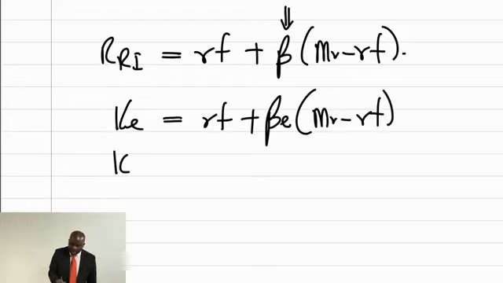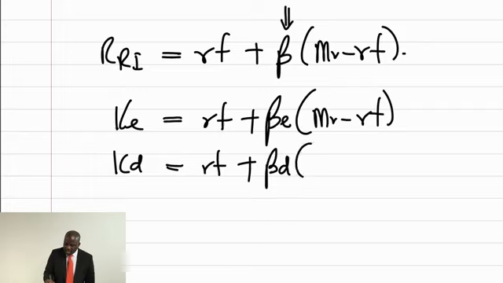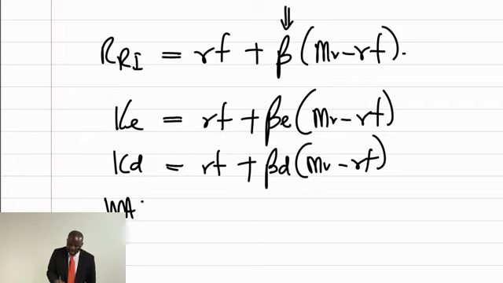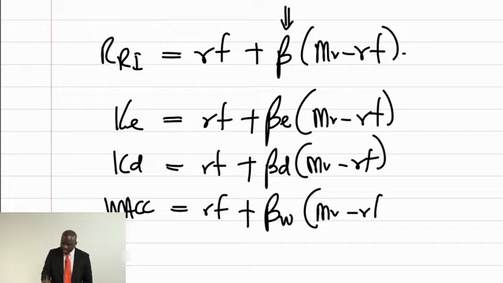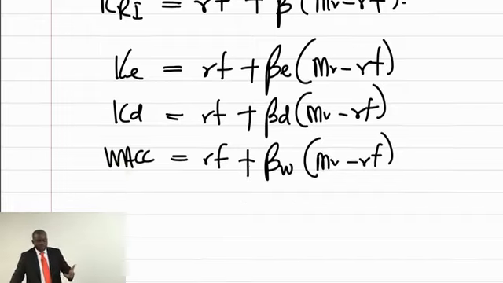My cost of debt is the risk-free plus the debt beta, market return minus the risk-free. If I need a WACC, it's risk-free plus my weighted average beta times the bracket market return minus the risk-free. So the input is the beta you are putting in.